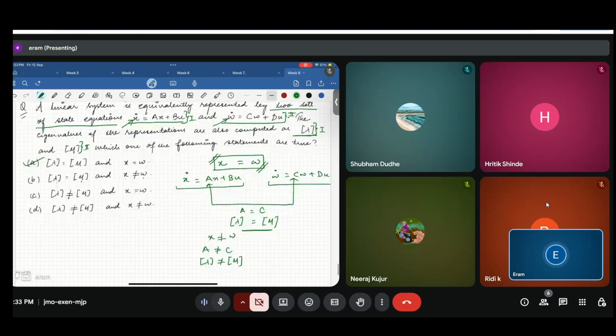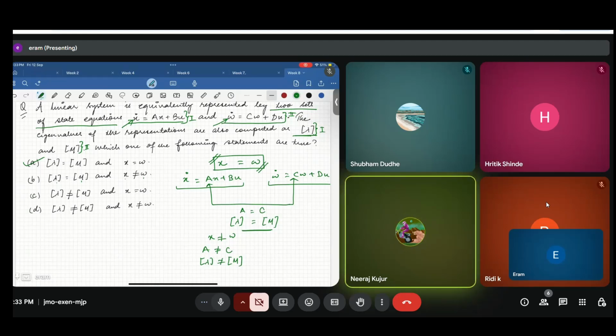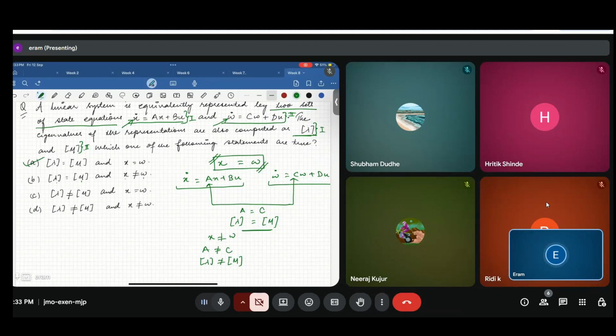And what about the last option? Is it correct or not? It can be correct, it can be false. There is no certainty. So we have different state variables, x is not equal to w.